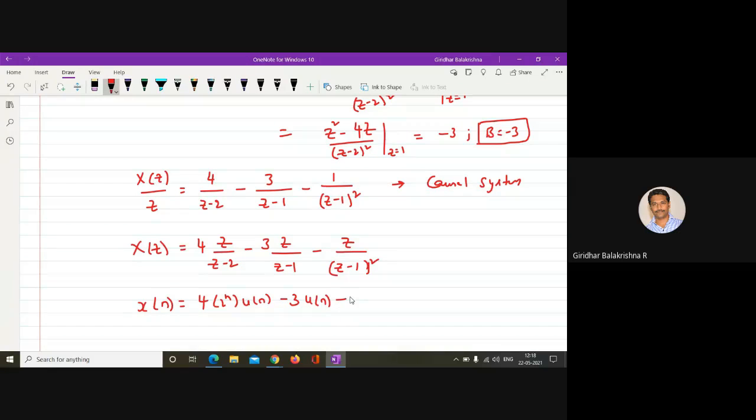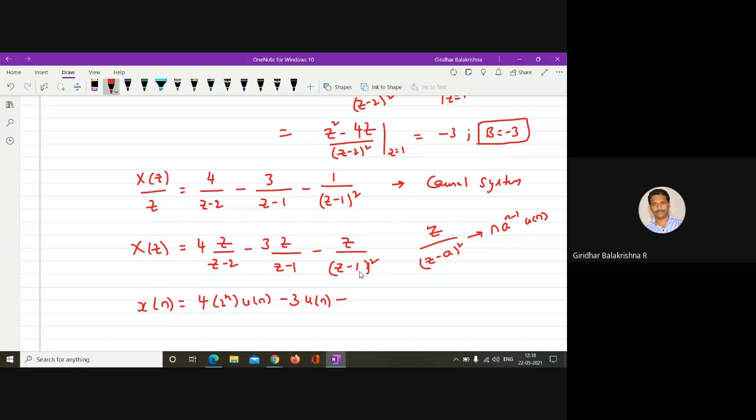Next, minus. So it is in the form of multiple poles. What is the formula for multiple poles? It is in the form of z by z minus a whole square. What is its inverse z transform formula we have represented? n into a power n minus 1 into u of n.